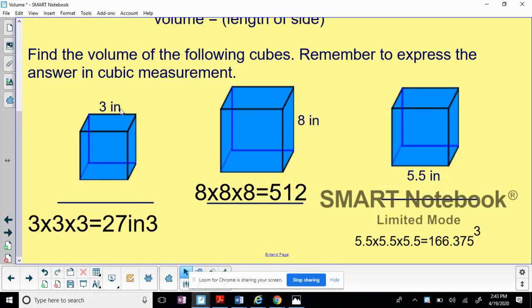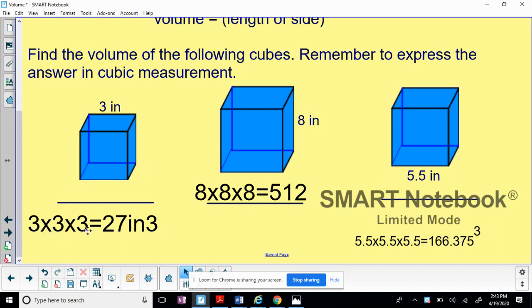With a cube, all you need is one dimension, because with a square you know all the sides are the same. Even when it's formed into a cube, your dimensions are going to be the same. So length times width times height is 3 times 3 times 3.